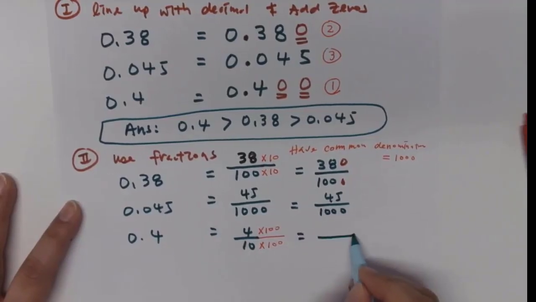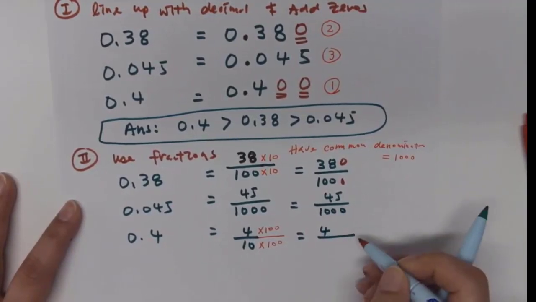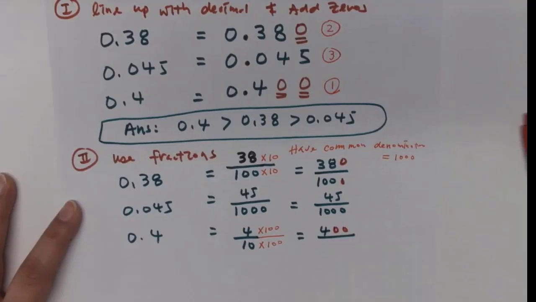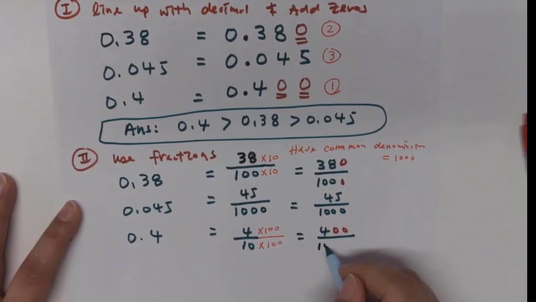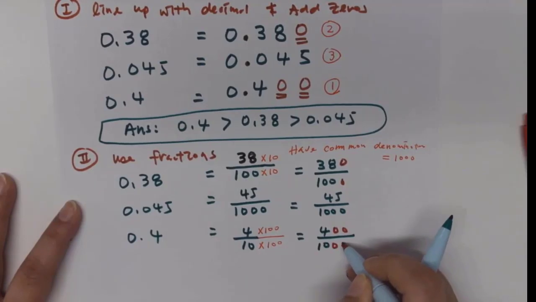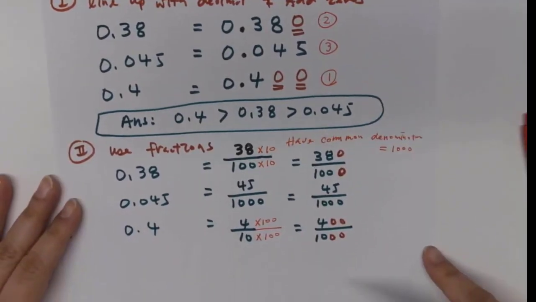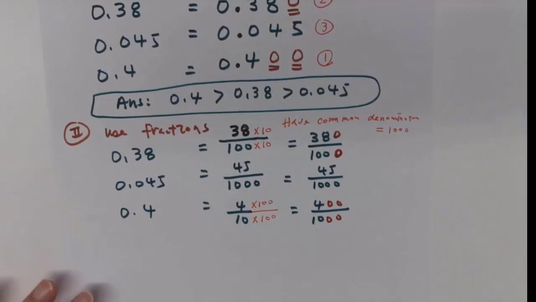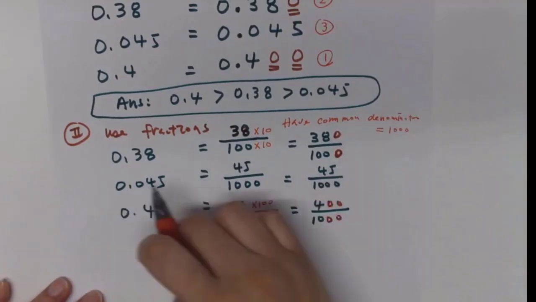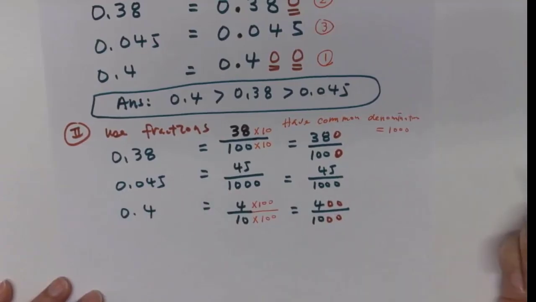The last one we have 400 over 1000, like that. Now they have the same denominator, I mean they have equal size pieces, right? If the top is bigger, the number is bigger, right? So I'm going to number them, put them in order, or you can write a fraction greatest to least, but I'm lazy. Which one is the biggest one?